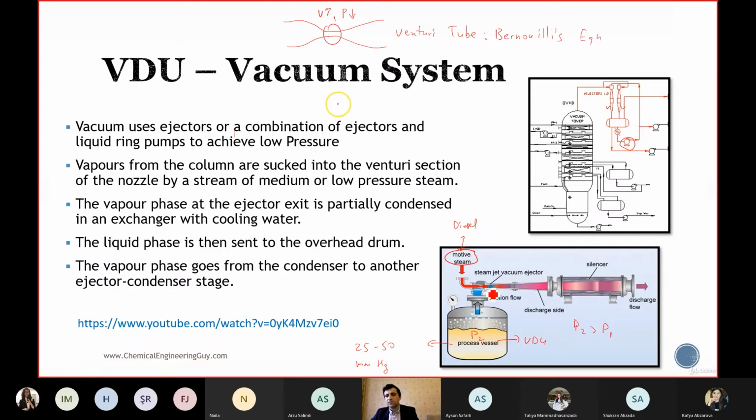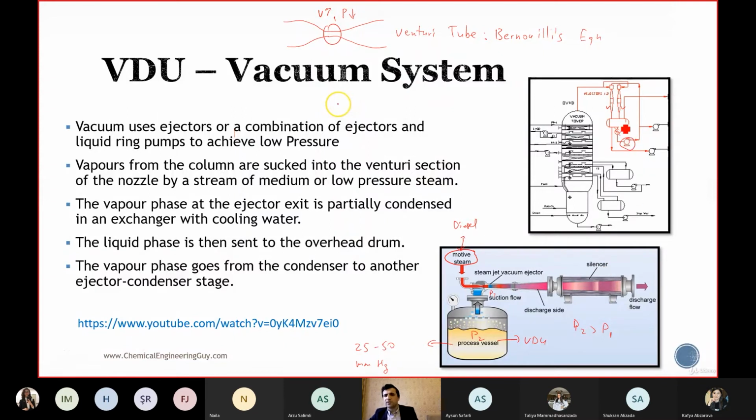The main part to create the vacuum is the venturi tube part, and then afterwards the steam and air is sent to the silencer, because it creates sound. You know from the vacuum cleaner in your house that creating a vacuum condition causes sound.